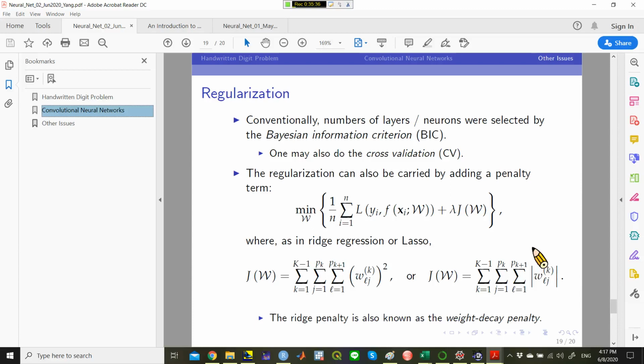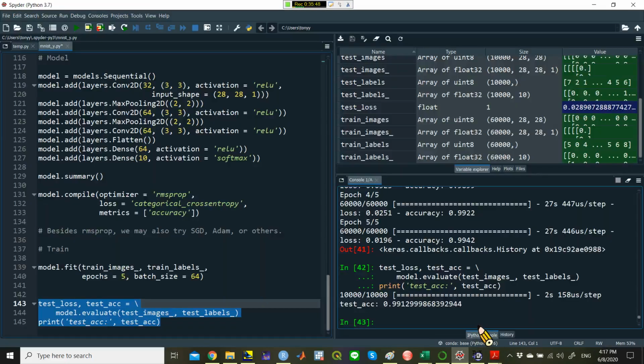And we're not doing this in my example because of two reasons. First, without doing any regularization, this model performed pretty good. So you may argue that it's not a reason.